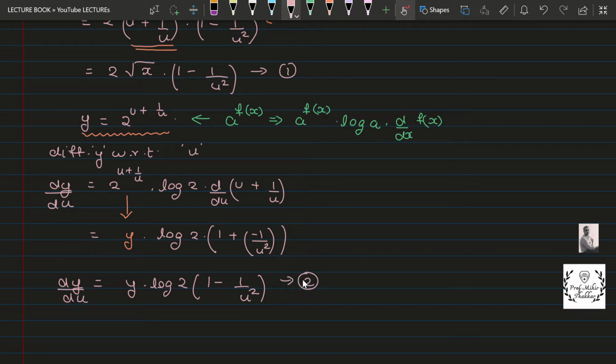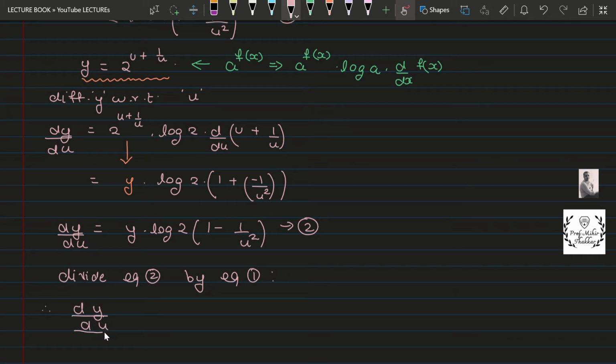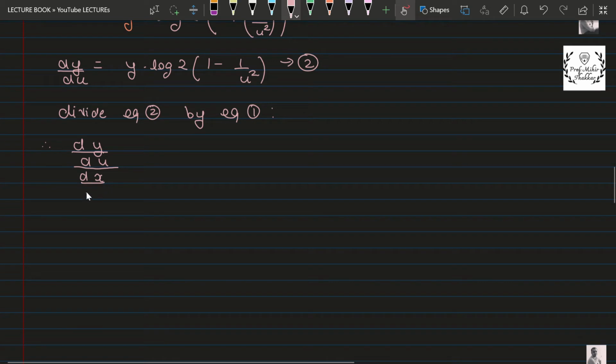We are over here interested in the value of dy by dx. So as we used to do in the previous cases, we will divide equation 2 by equation 1. So you will get over here dy by du upon dx by du. So this is y log 2 into 1 minus 1 by u square.